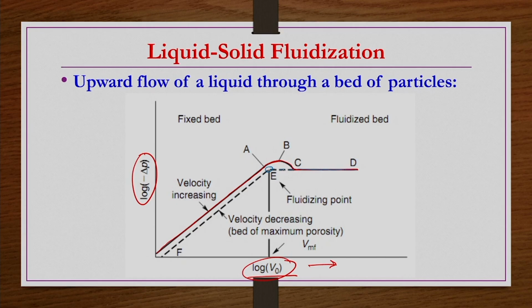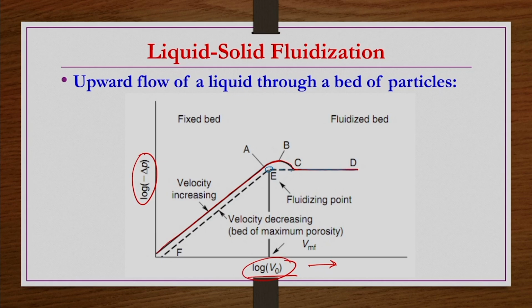But with further decrease in velocity, the particles start settling and the distance between them decreases. There is a point E at which the particles are just lying onto each other, but there is no vibration or mechanical agitation, no additional external force to make the particles compact.